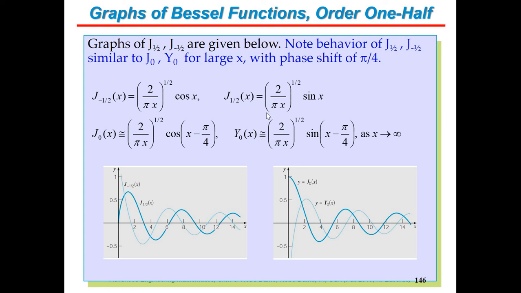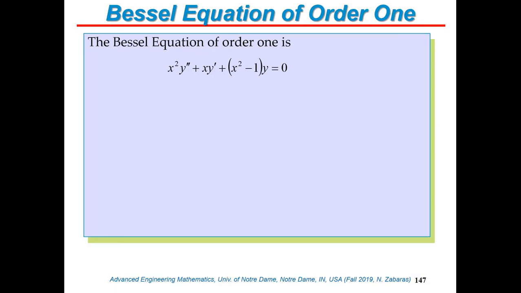So the two solutions look very much related, with the only difference being a phase shift of pi over 4. And you can actually look at the two graphs and convince yourself that this phase shift is pi over 4. All right, so let me just finish the lecture by taking now the Bessel equation of order 1.